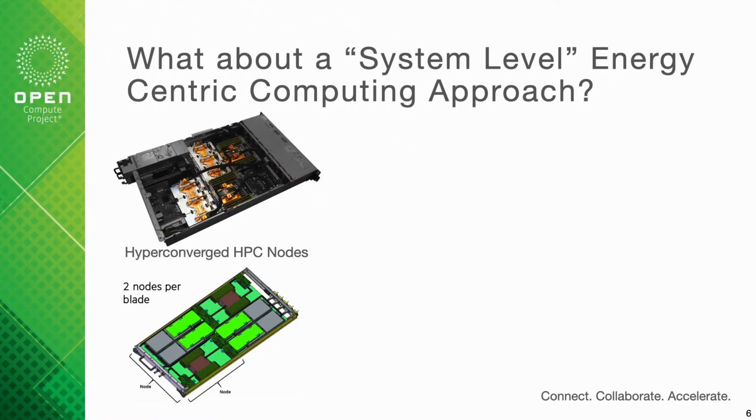But what about a system level energy-centric computing approach? We believe there are better ways to do this. What we see in supercomputers today: the top left is the Summit machine from 2018, and the bottom left is the Frontier machine just being installed now.